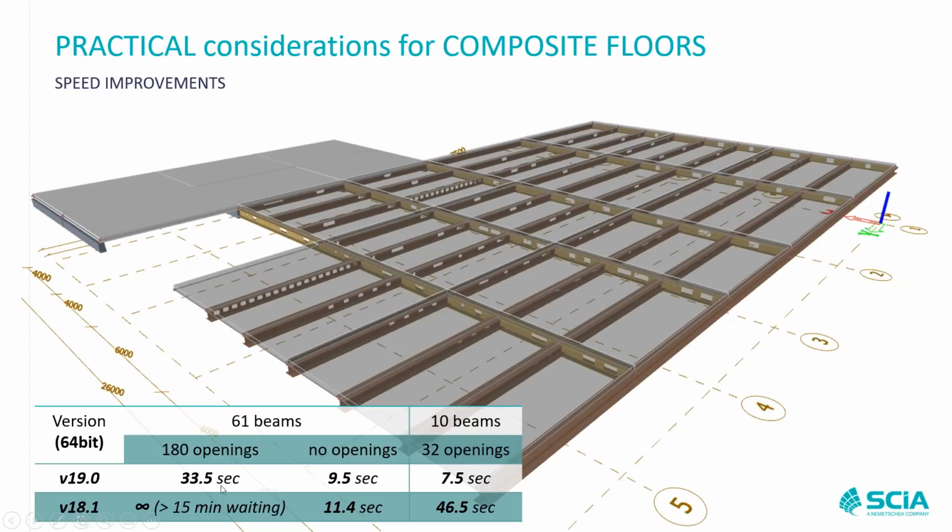In version 19, we reduced that to 33 seconds. And also, if we just run the check on these 10 beams, in version 18.1, it was around 50 seconds, and in 19, we reduced that to 8 seconds.